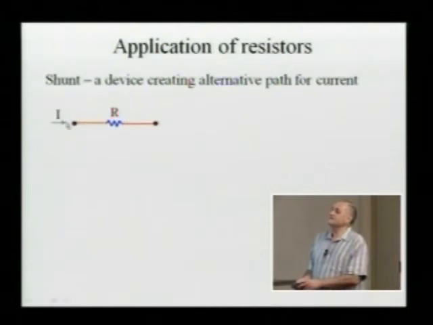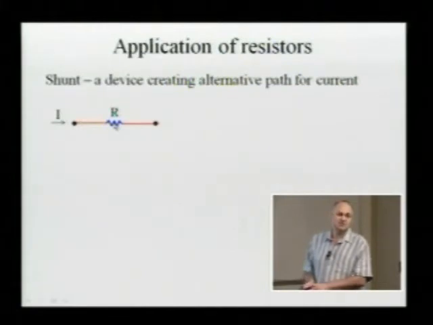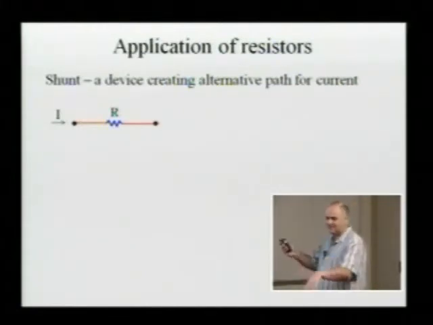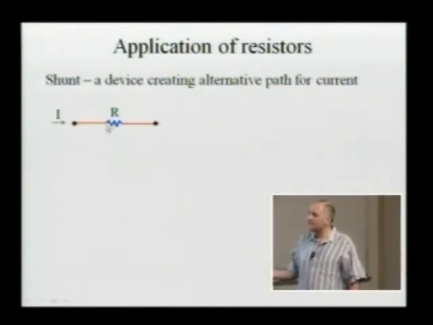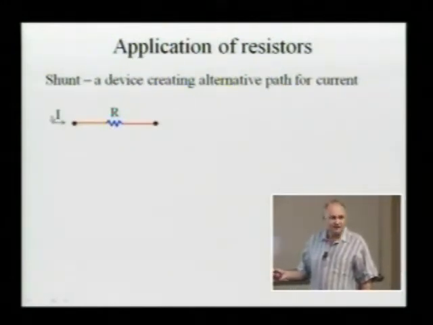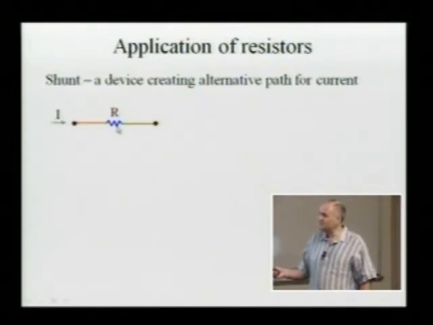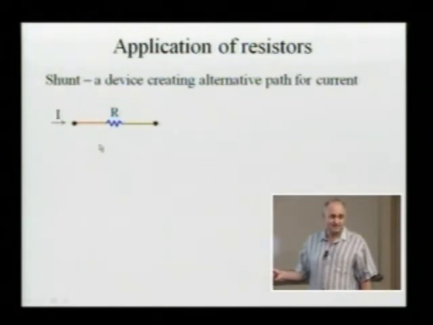So let's say that we have something. It's a circuit, although I represented this as a resistor. So think about that right now, that it's just a resistor. However, I anticipate here currents which cannot flow through this resistor or through this part of the circuit. It would damage whatever we have over there.